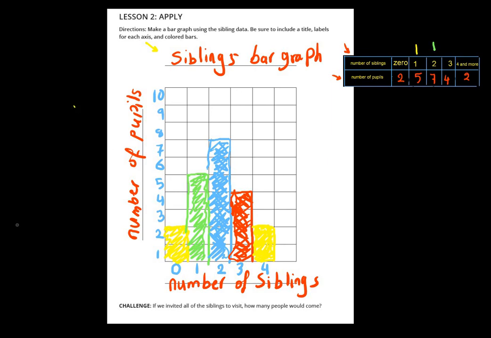Okay, that's all about this lesson. The last thing, you can make a question and answer it about the drawing. For example, how many children have two siblings? I can ask a question like this. How many pupils have two siblings?